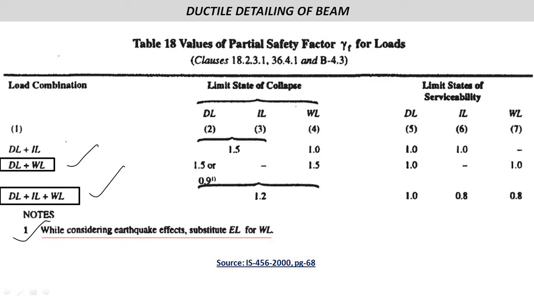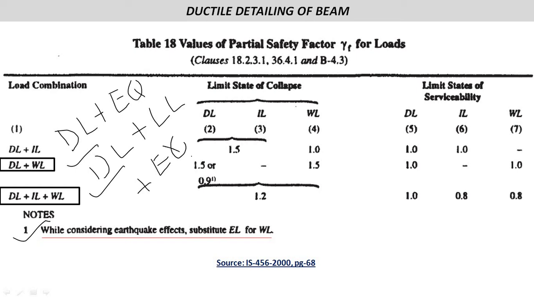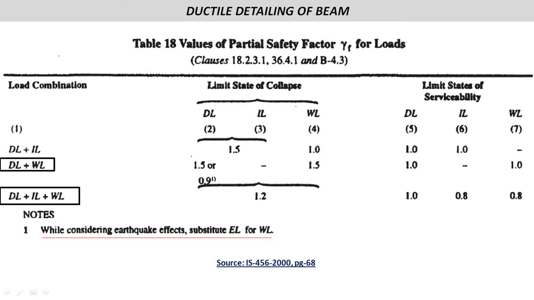So here the combination will be dead load plus earthquake load, and here it will be dead load plus live load plus earthquake load. These two combinations we will use.